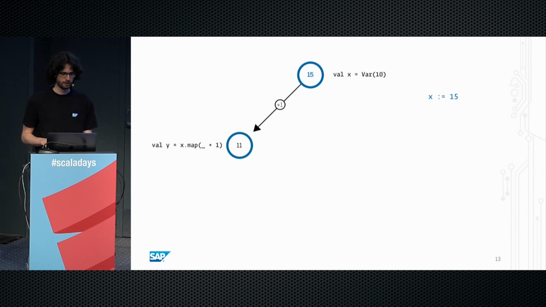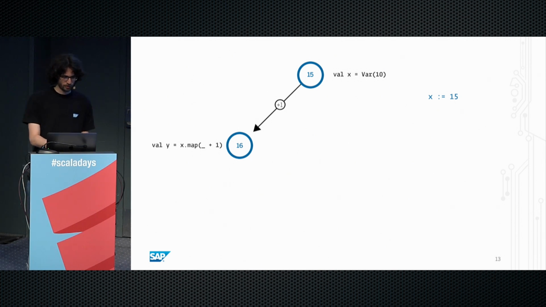So then this updates to 15, and what also happens is that this dependent value is updated to 16. When we would have written this with this val, that would not have automatically happened, right? We would have to have some code to do this, or we would have to write it as a def, which also has its disadvantages. So here we just get this benefit that this is automatically updated.